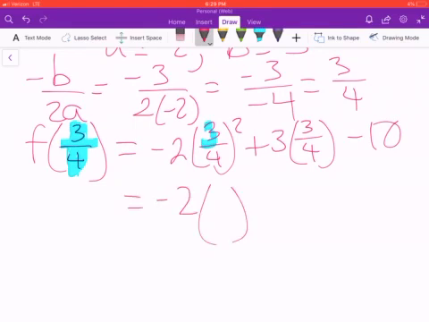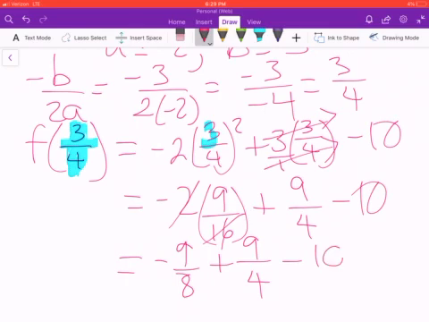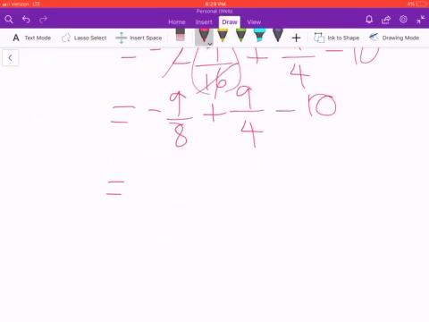Here, when you square a fraction, you must square both numerator and denominator. This will be like you're multiplying straight across, so that will be 9/4 and then minus 10. And let's say here I can cancel this 2, that will be an 8, so negative 9/8 plus 9/4 and then minus 10. So if I turn everything into eighths, it will be negative 9/8 plus 18/8.